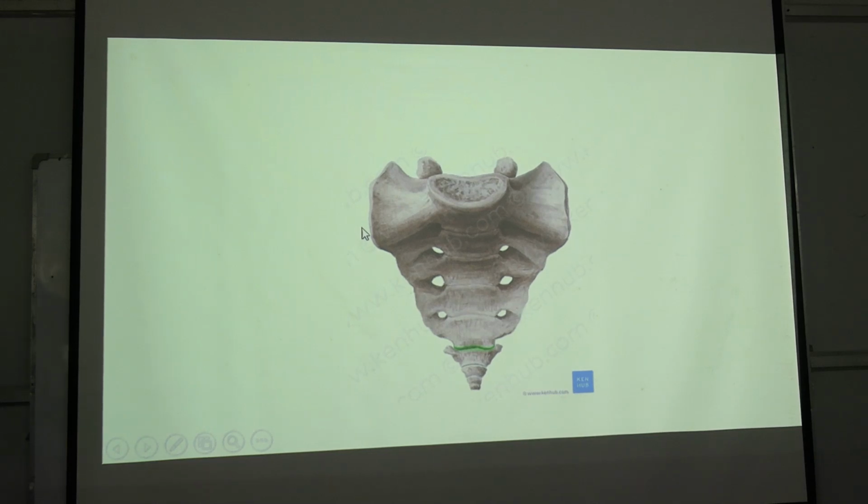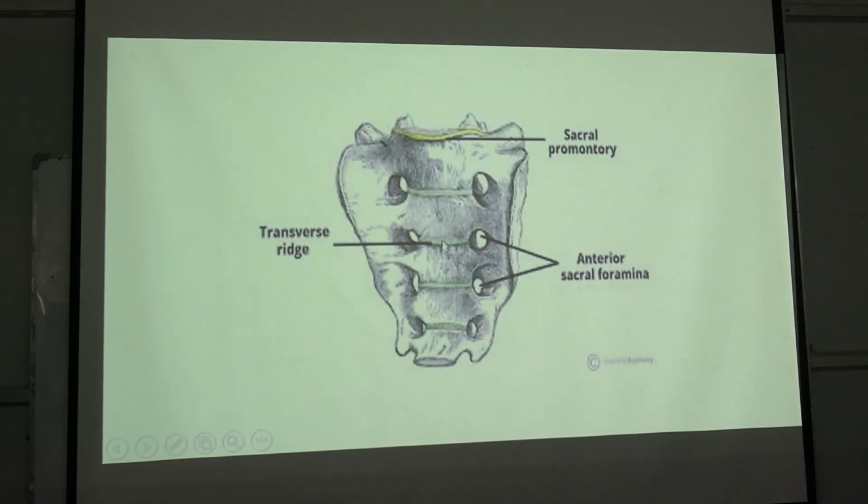This superior part we call the ala of the sacrum. On the lateral side, we have this ala, this is the body, and the anterior border of this S1 vertebra, we call the promontory, the sacral promontory. Not all of these, only the anterior border of the topmost one, that means the S1 vertebra, we call the promontory.